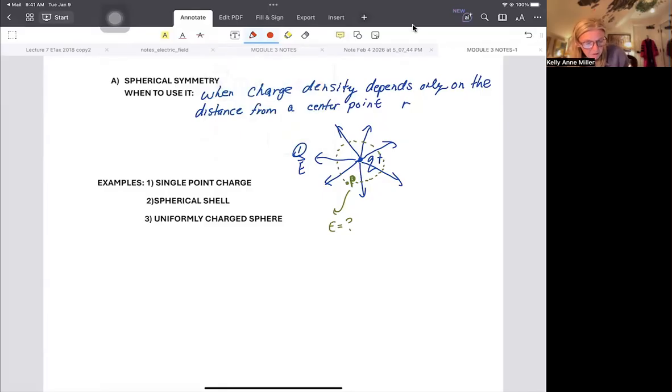They're parallel to the area vector. Remember in the tutorial, we made a big deal of drawing the area vector. So these are the area vectors, right? The area vectors, remember, are perpendicular to the surface at every point. So if I draw a Gaussian surface around my point charge, the area vector is parallel to the E field.